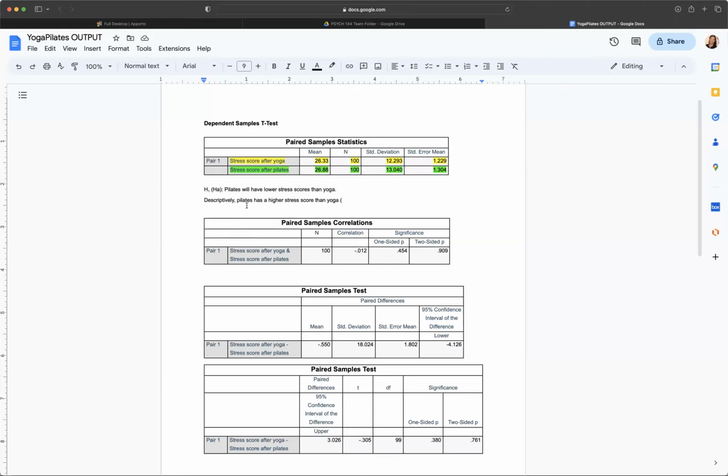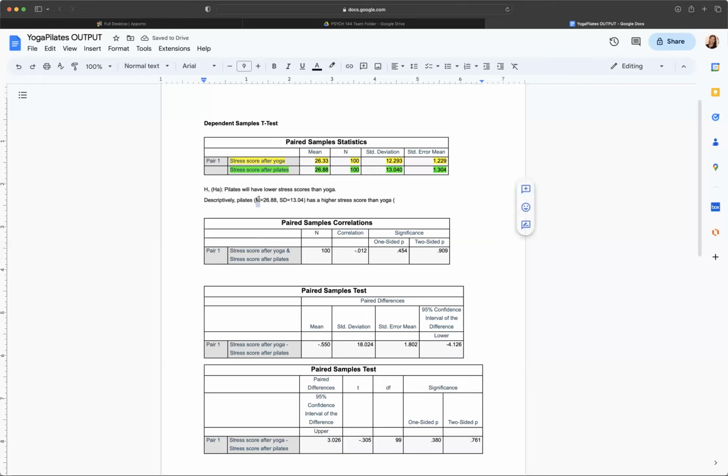So the way that you would write about this in APA, after you identify the level of the variable, you put mean equals. Our mean for the Pilates condition was 26.88, and then our standard deviation, I'm going to round up, is 13.04.